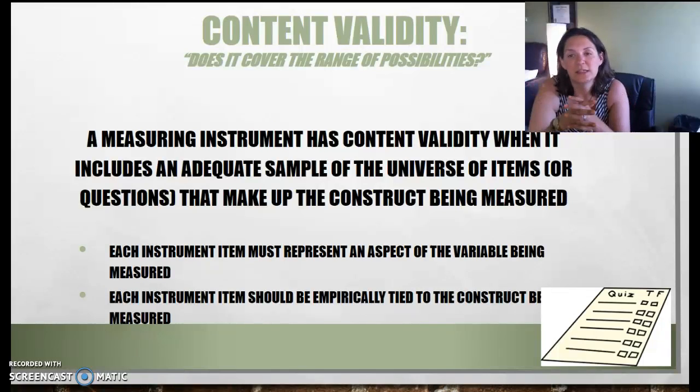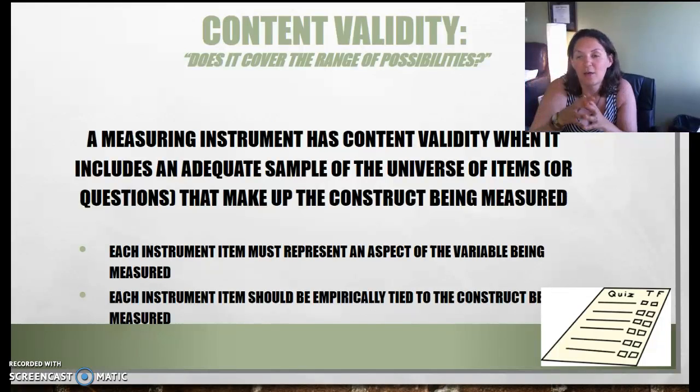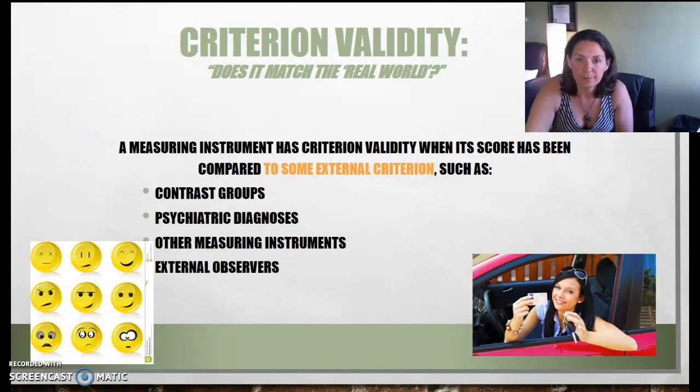If the quiz says it's supposed to cover chapters 8, 9, and 10 of the book, but all of the quiz questions actually cover chapter 8, and there are no questions about 9 and 10, then we would say that quiz has very low content validity because it doesn't cover the range of possibilities, if that quiz is supposed to be measuring your knowledge of the module. So content validity is making sure that all of the possibilities are accounted for.